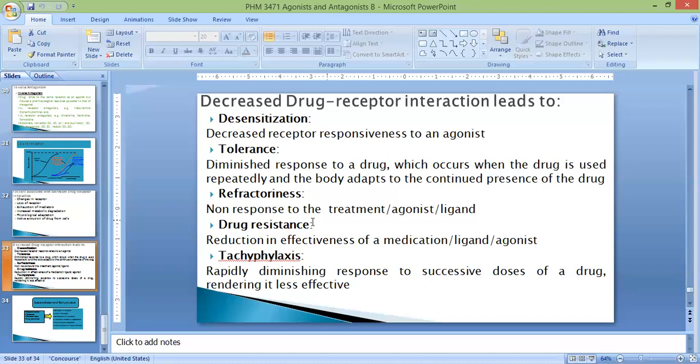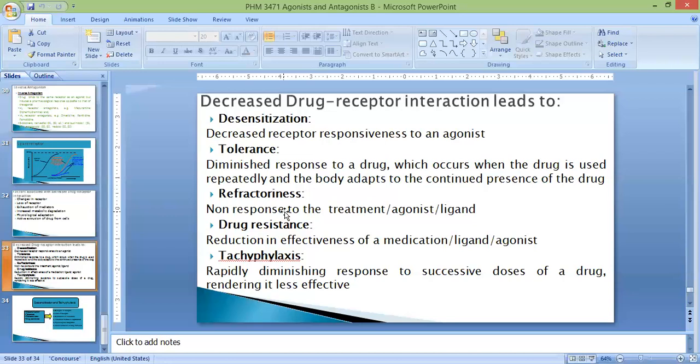We'll talk about the refractory period when we're looking at an action potential. That period between one action potential and another is called the refractory period, the period during which no action potential can be generated.